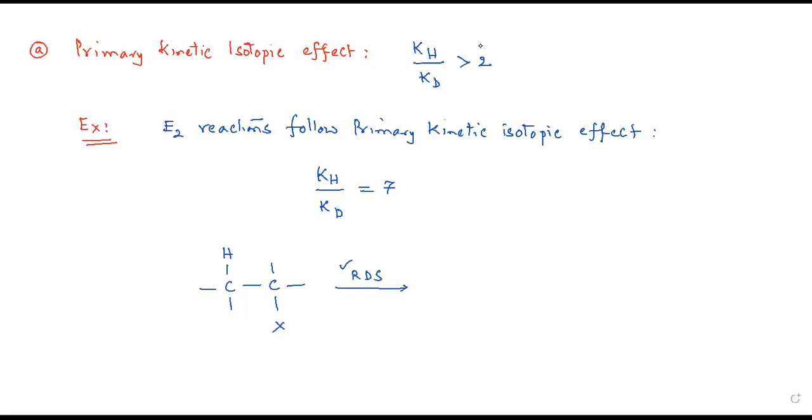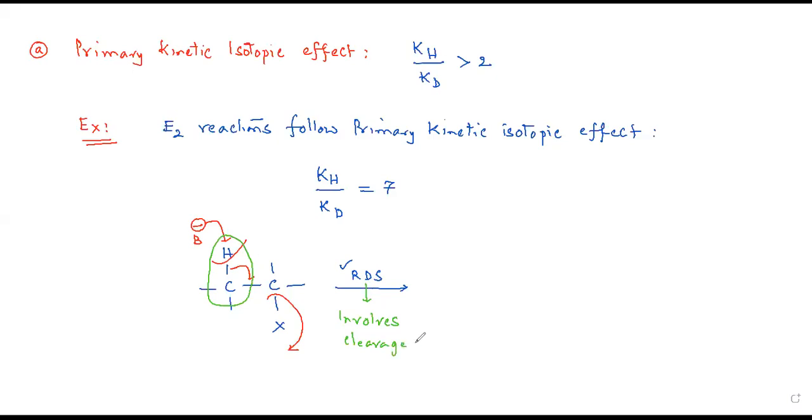In the rate determining step, yes, in E2, this is what happens. In the rate determining step itself, base abstracts the proton, this comes here, this one goes off. The cleavage of this carbon hydrogen bond occurs in the rate determining step itself. This is what is called primary kinetic isotopic effect.